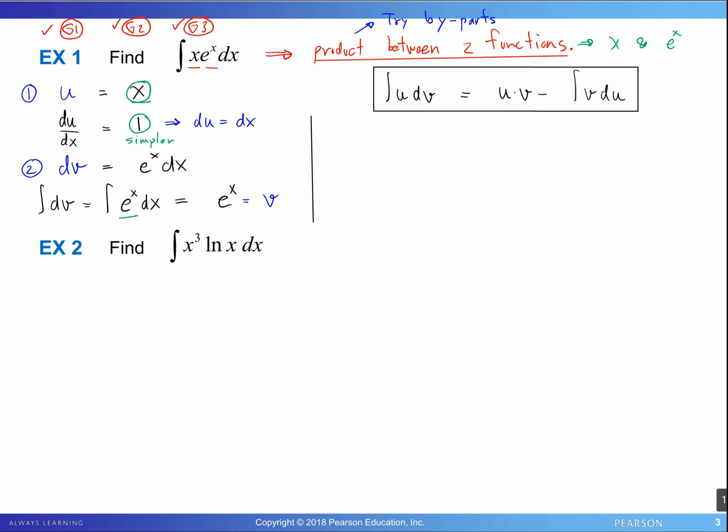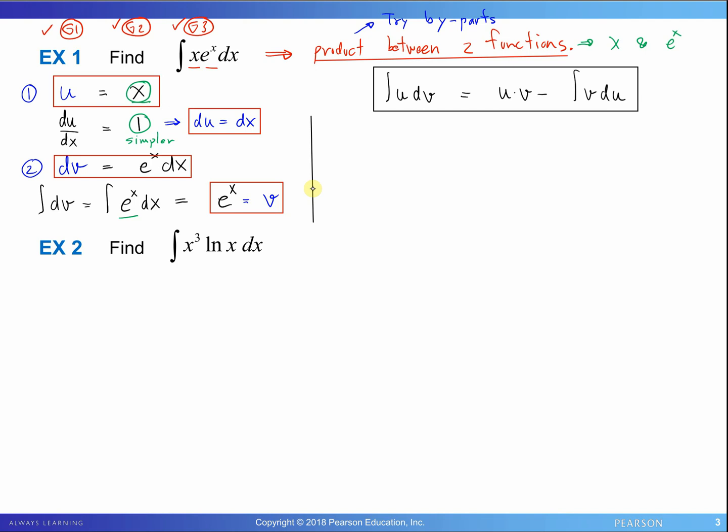So we know that u is equal to x, and v is equal to e to the power of x. du is equal to dx, and dv is equal to e to the power of x times dx.